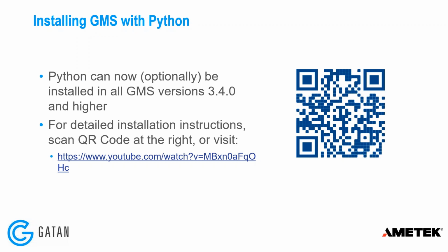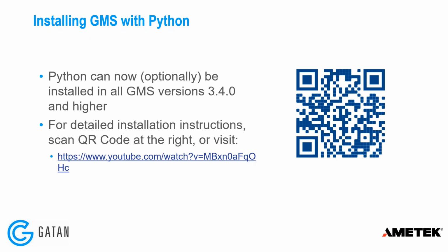Yeah, so the first thing I would say is, I know this was quite late in my presentation that I showed this, but there is this nice video that goes through the process step by step of installing GMS fresh and installing GMS with Python.